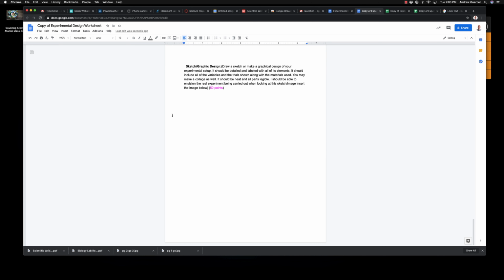The last thing you're going to do is set up a sketch of your design. You're going to have a mental picture of what this is going to look like. Me, I'd probably have like 5 rows of all my 9 beakers drawn out with each metal strip sitting in those beakers. I'd have a thermometer drawn up with the same temperature. I'll pick room temperature in Celsius, probably like 22 degrees.